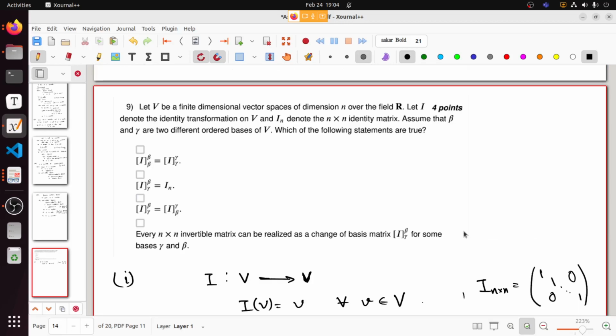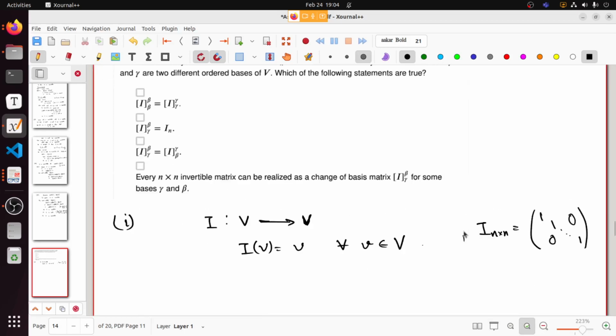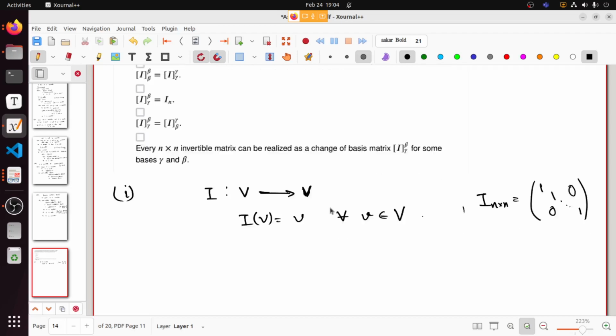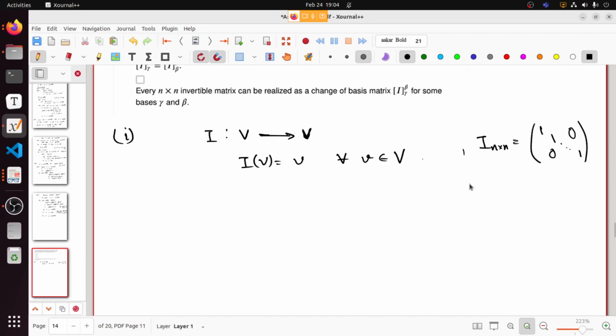So assume that beta and gamma are two different ordered bases. Which of the following are true? So the claim is that the matrix of I with respect to both bases is the same. So let's take two bases. Let beta equal to, suppose, b1 dot dot dot bn, right?